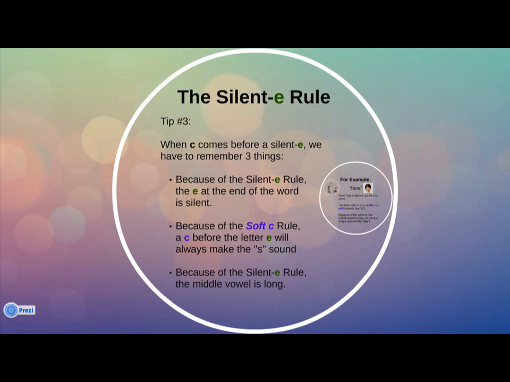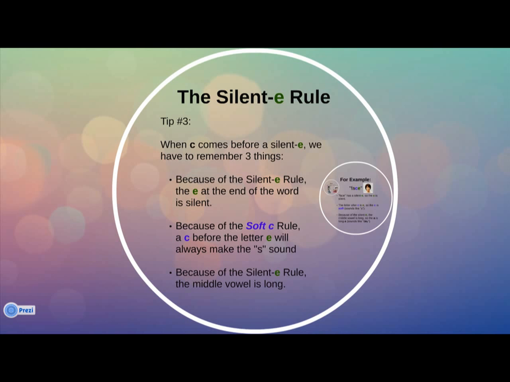There's one other rule to remember when reading words with a soft C, and that is that sometimes a soft C combines with a silent E, and when that is true, we have to remember three things. The first rule is that because of the silent E rule, the E at the end of the word is silent, and we know that because we've already learned what a silent E does.